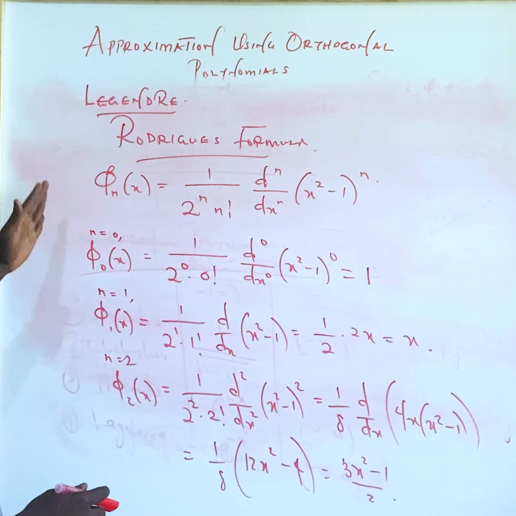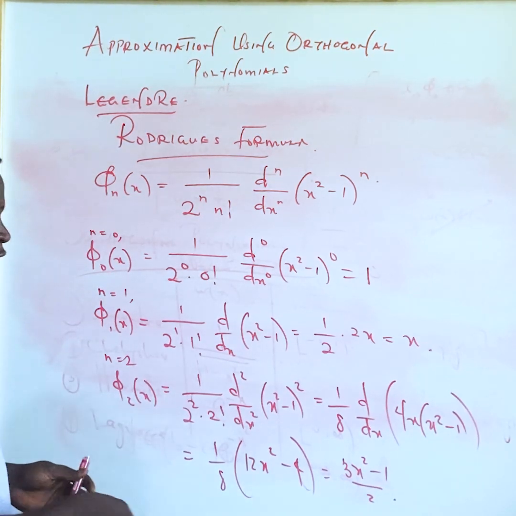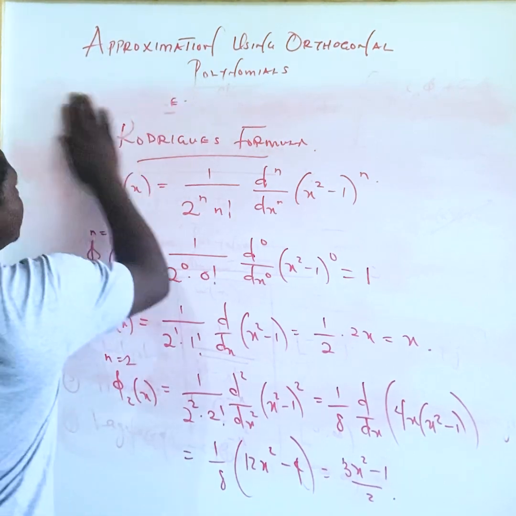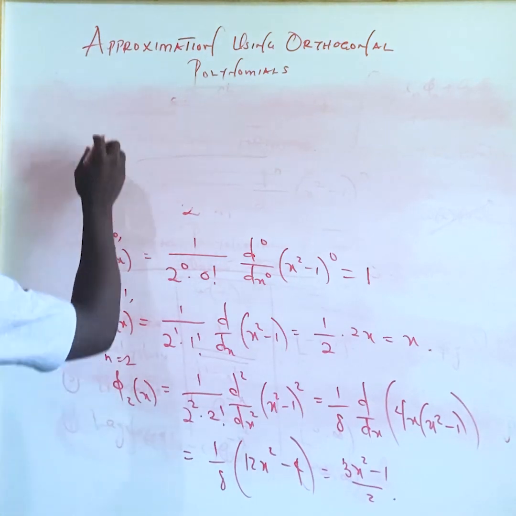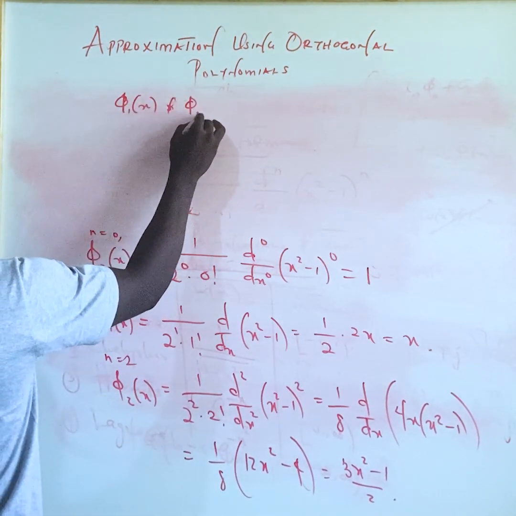So let's even confirm if this polynomial really is orthogonal. How do we do that? We simply pick any two, and then we run it with the weight function and its interval, so we see if it is truly orthogonal. Let's pick phi 1 and phi 2.